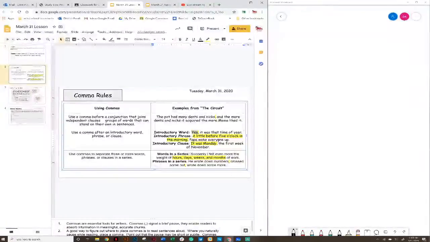Next comma rule. You're going to use commas to separate three or more words, phrases, or clauses in a series. Now, some of y'all had issues on last week's assignment coming up with compound sentences. You guys chose sentences from the story that were actually this comma rule, where you're listing things, and every time you list something, there goes a comma right after it.